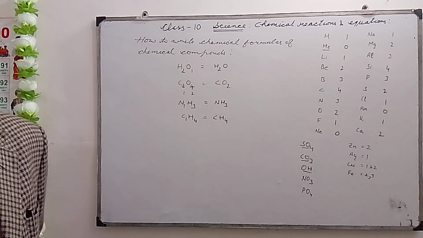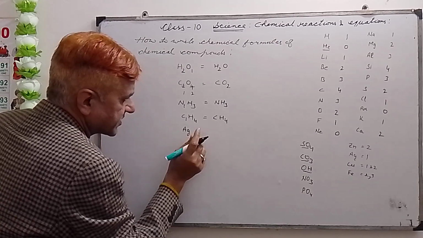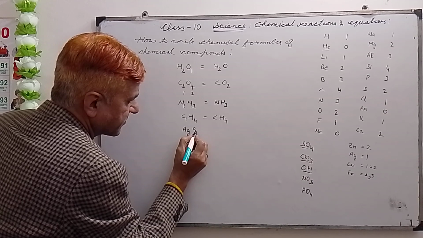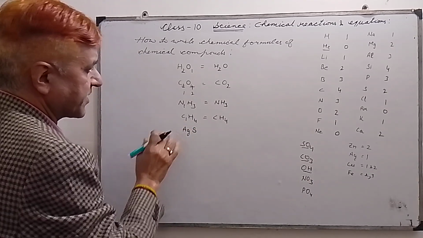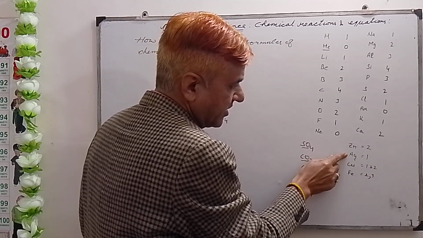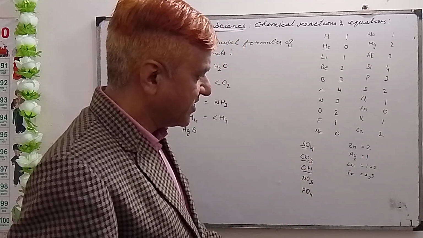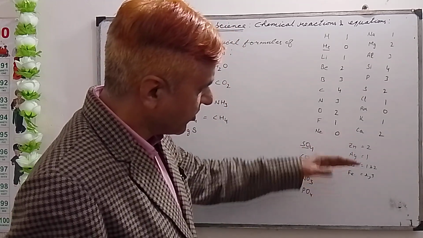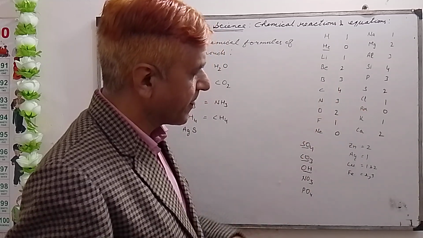Then we have silver sulfide. Silver sulfide is made up of silver and sulfur atoms. So what is the valency of silver? My dear students, I have written separately the valencies of zinc, silver, copper and iron. Why have I written them separately? Because these elements are not included in this table.